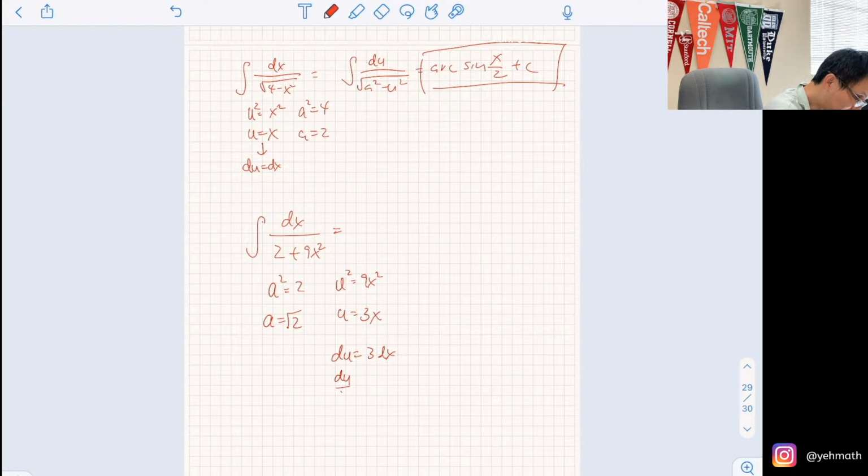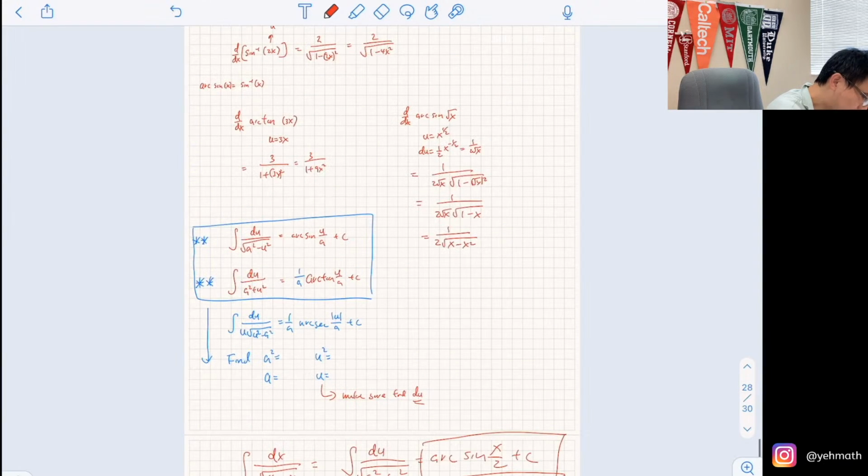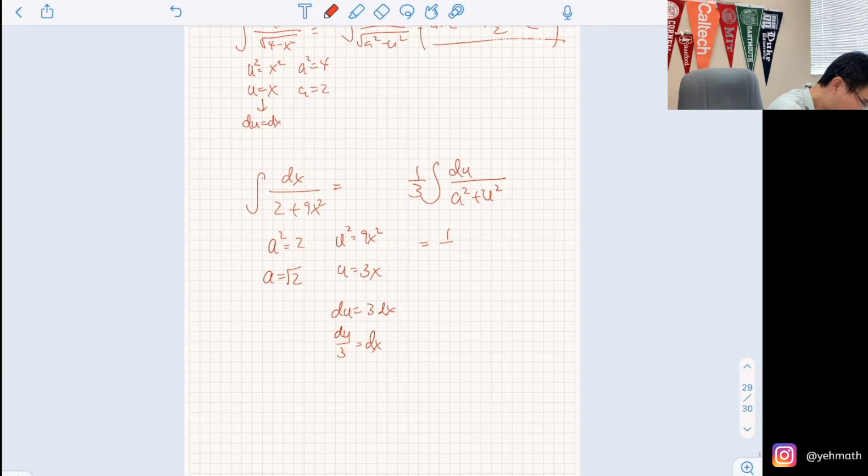It'll be du over 3, right? So therefore, it's going to be du with the 1/3 in the front. Here it's going to be a squared plus u squared. Now we say it's going to be 1 over a first. So 1 over square root of 2. Did you do that?